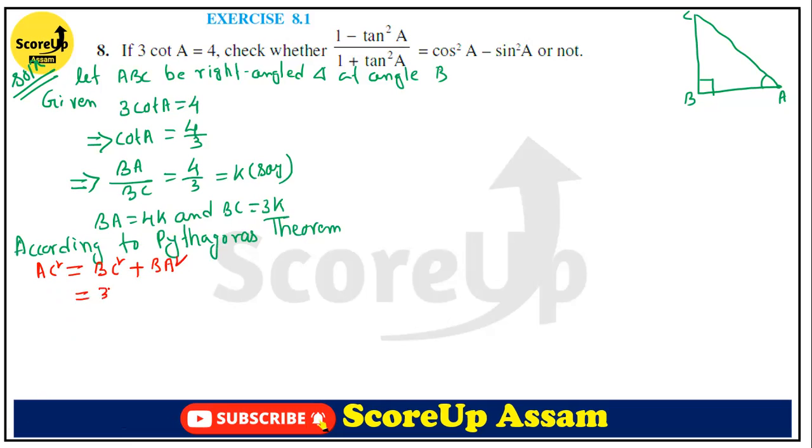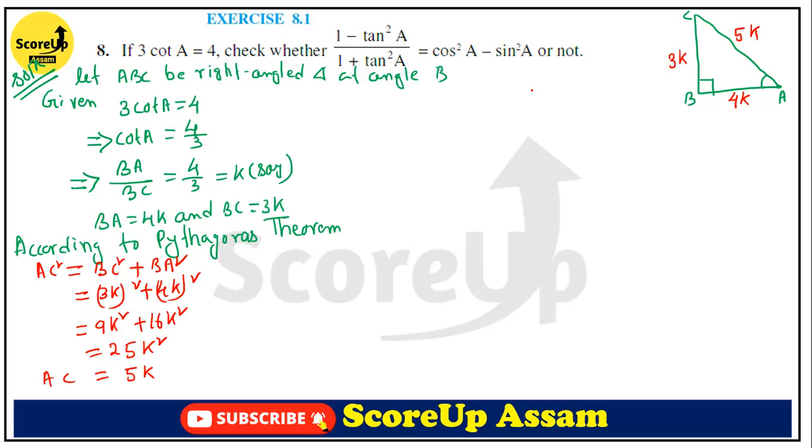So BC square is thrice k whole square plus 4k whole square. So ultimately it will be 9k square plus 16k square. That means 25k square. That means AC will be what? Is equal to 5k. The value of AC is 5k. Value of BA is 4k and value of BC is 3k.